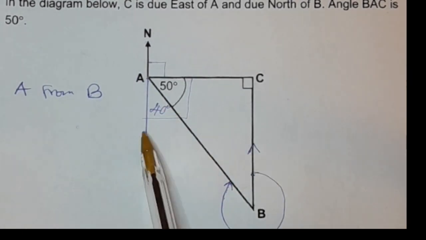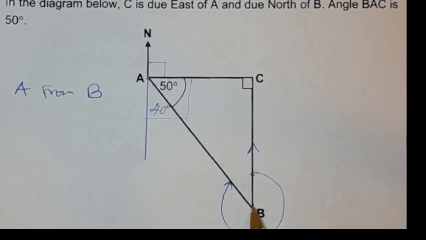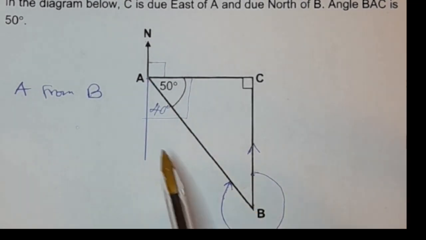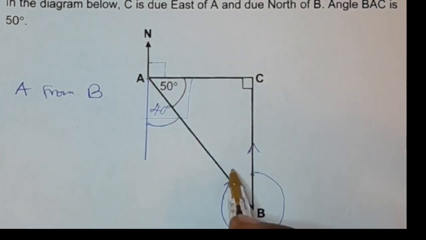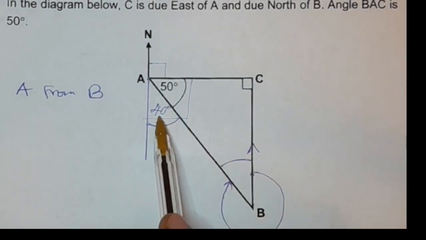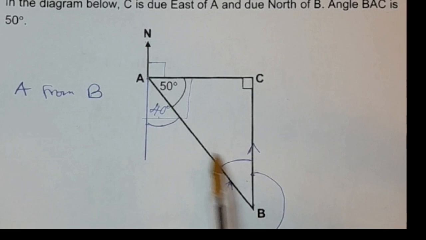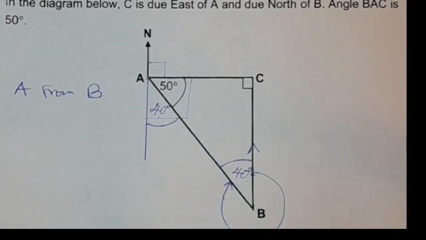The north and the north are parallel lines, so this line is acting as a transversal. And so this angle here is equal to this angle here. Why? Because these are alternate angles, and alternate angles are equal. So this angle here is 40 degrees.